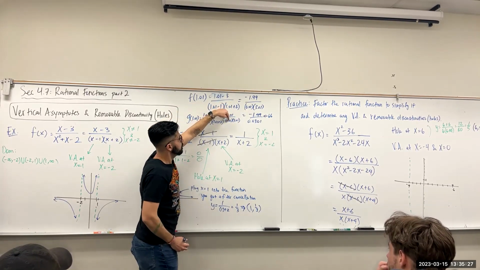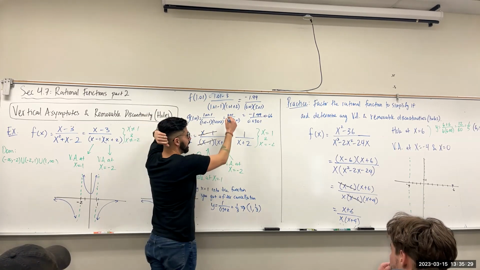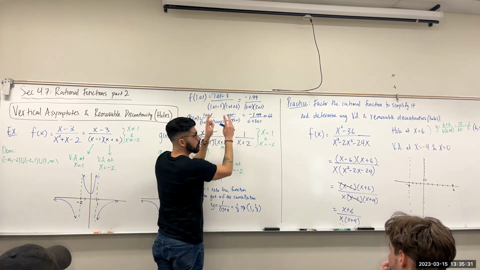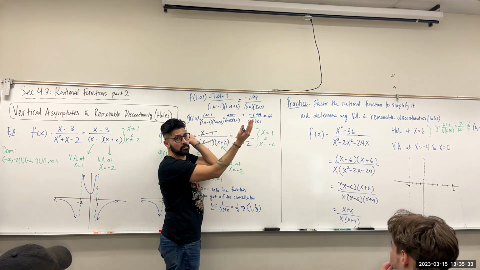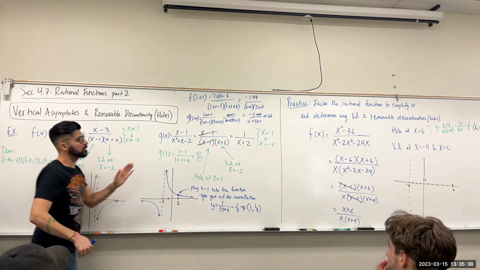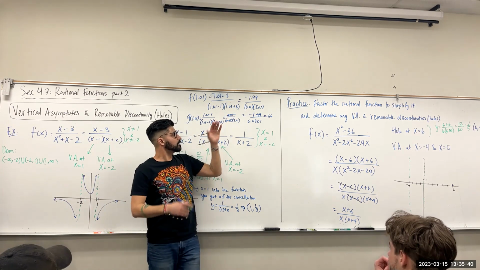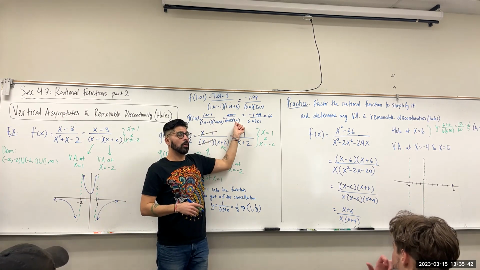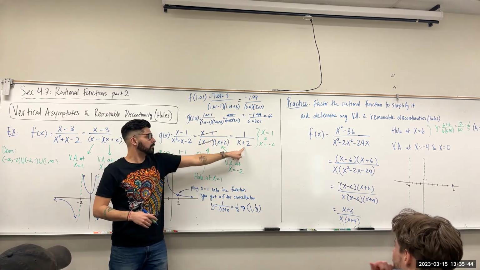What happens with this number and this number? It cancels out, and so the smallness of it is gone now. That's why you're not getting asymptotic behavior, because it's not going to force this number to get really small. So then it just behaves like this function instead.